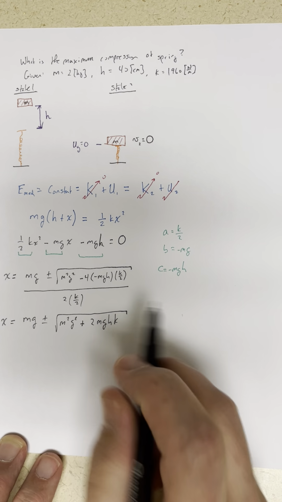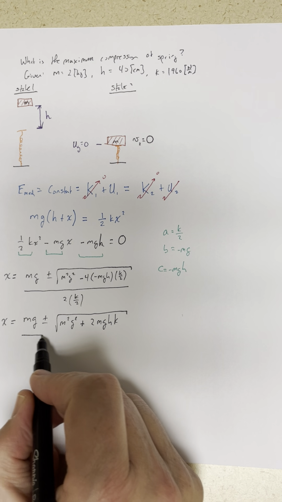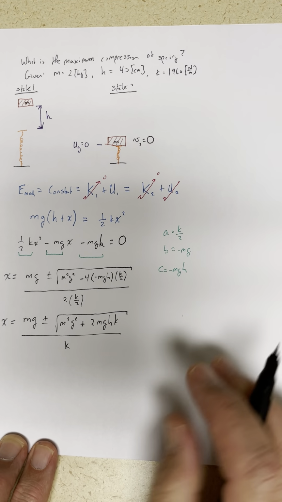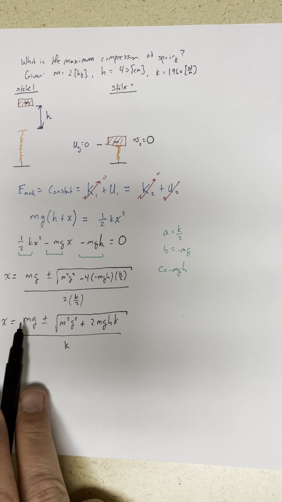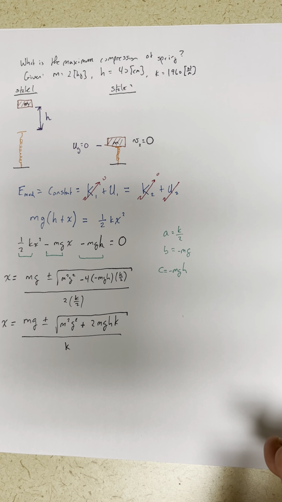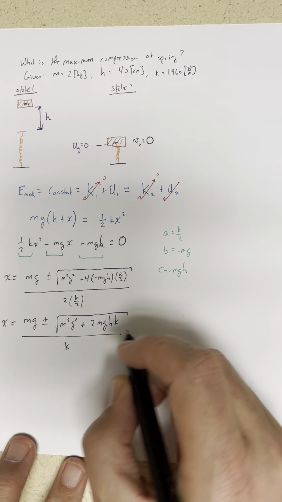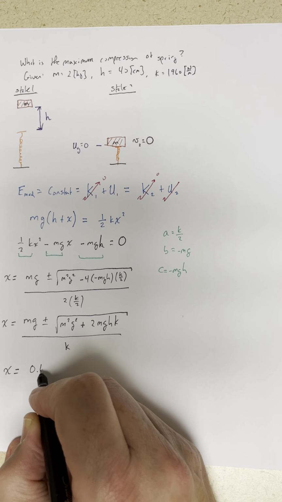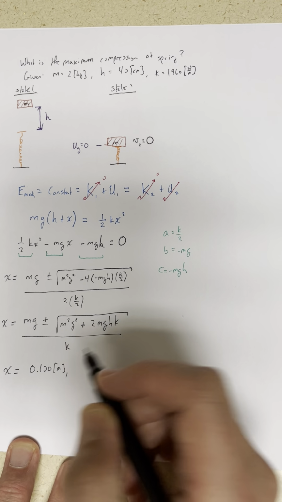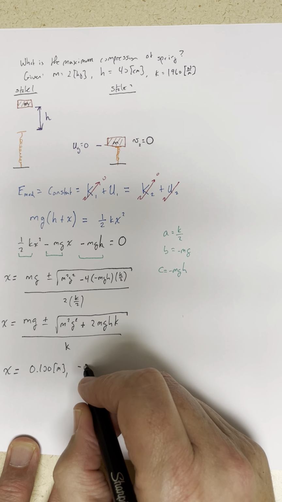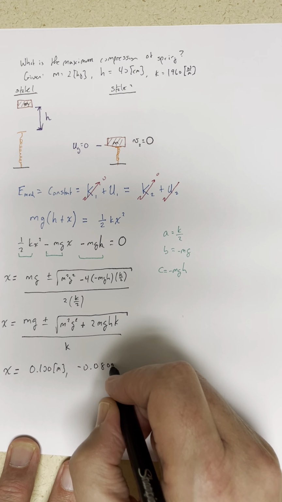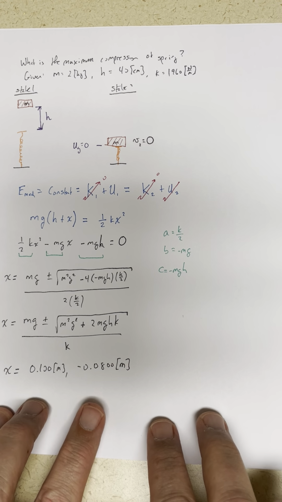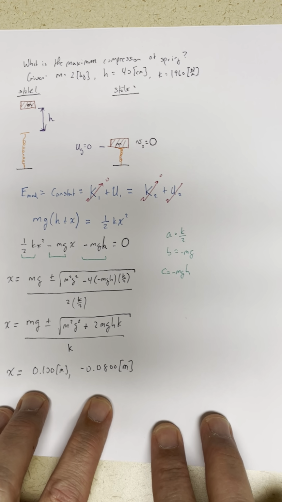So both terms under the radical are positive, so I don't have to worry about any weird imaginariness. And there's a k in the denominator. If you put in values, we got the roots to be 10 centimeters and minus 8 centimeters. All right, so those 2 roots, where are those coming from?